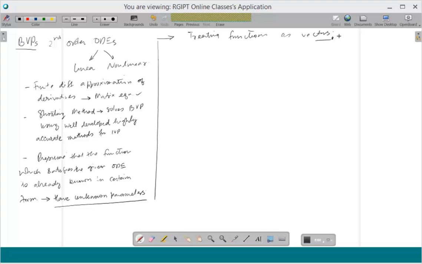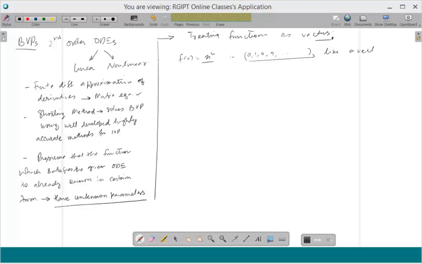What does that mean? Remember, functions are a bunch of values. If I say sin x, or f(x) equal to x square, I'm actually referring to a bunch of values. If x goes from 0, 1, 2, 3, 4, I'll have values like 0, 1, 4, 9, etc. A bunch of values is like a vector.